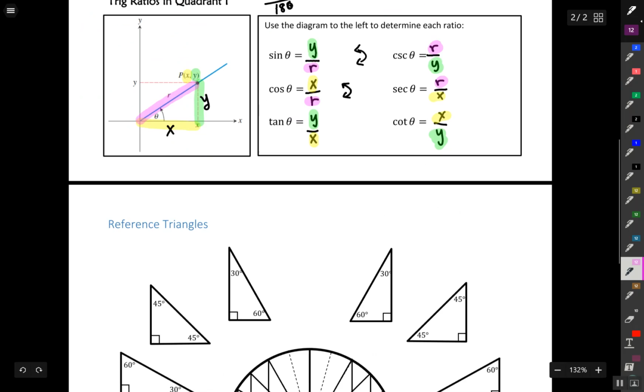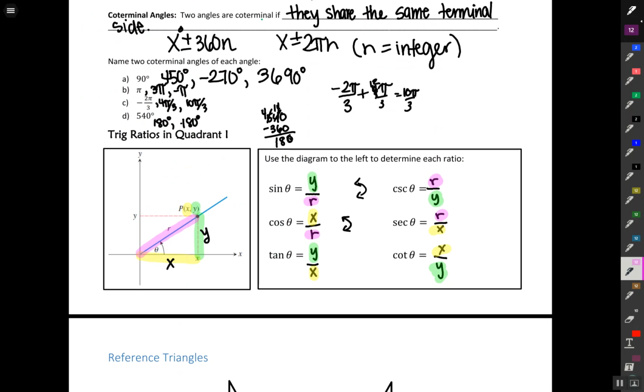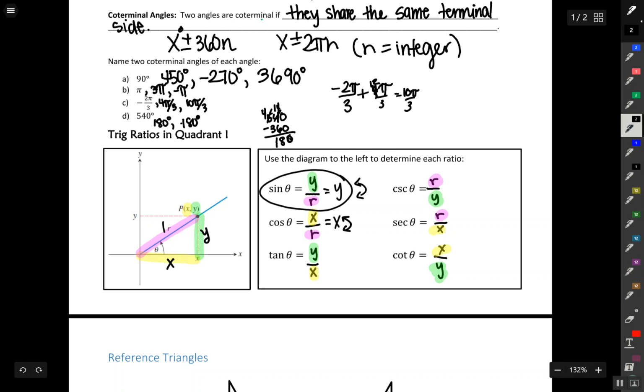But before we move on to that, I just want to point out one thing. What if the radius, this r, was 1? If the radius is 1, then that would just turn into y. That would just turn into x. And that's huge right there.